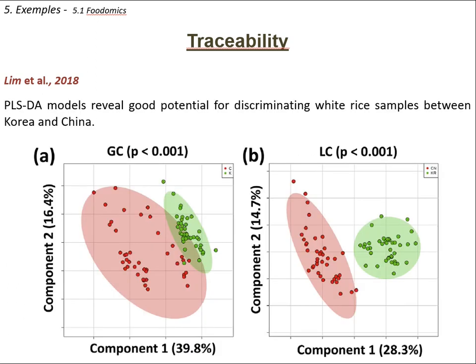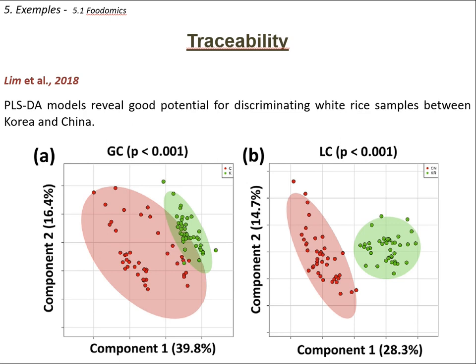So here are the results. First, a PLSDA model that reveals a very good potential for discriminating white rice sample between Korea and China. So it's more efficient with the LC data. You see that the separation is more clear. You have the percentage of variation shown by the different components.